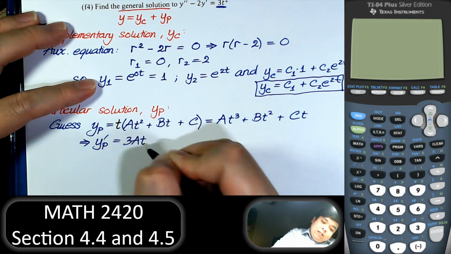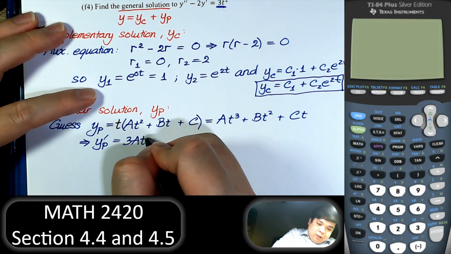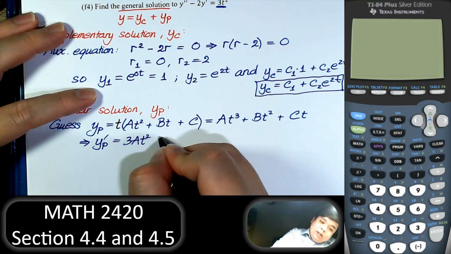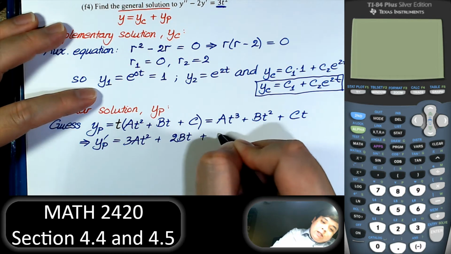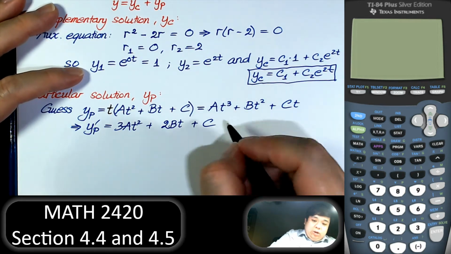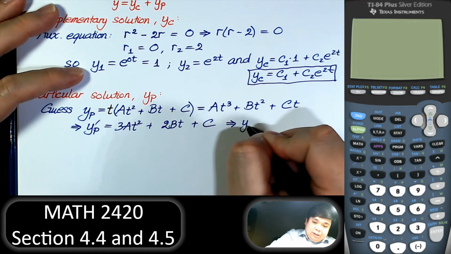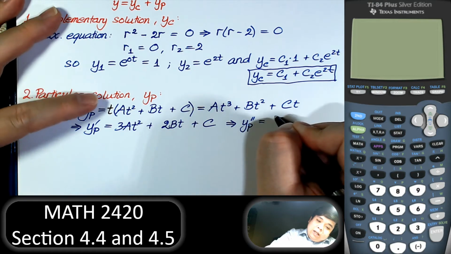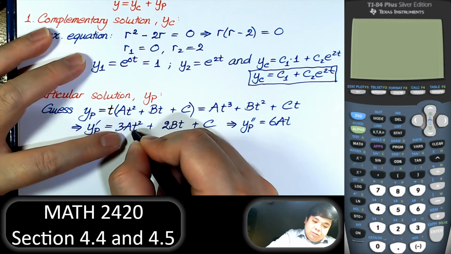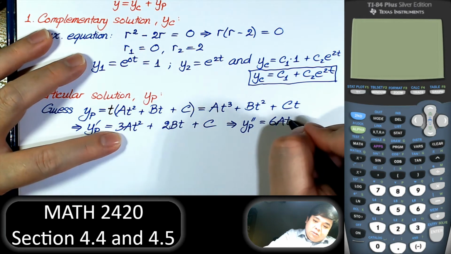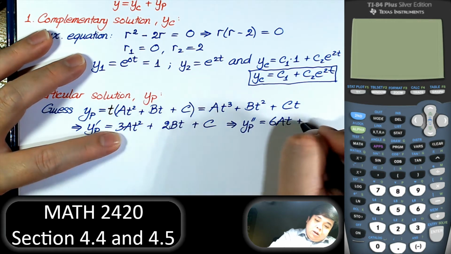3at squared plus 2bt plus c, and then we can go to the second derivative: 6at plus 2b.